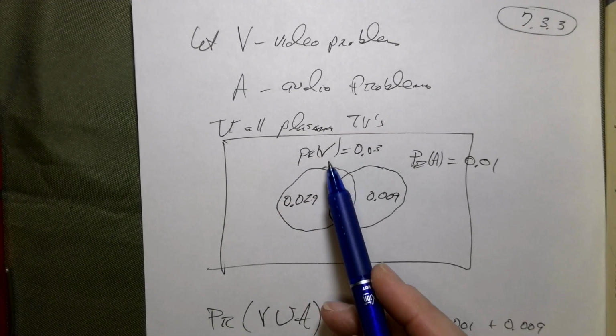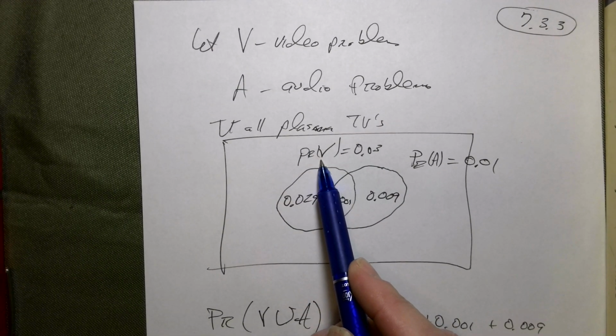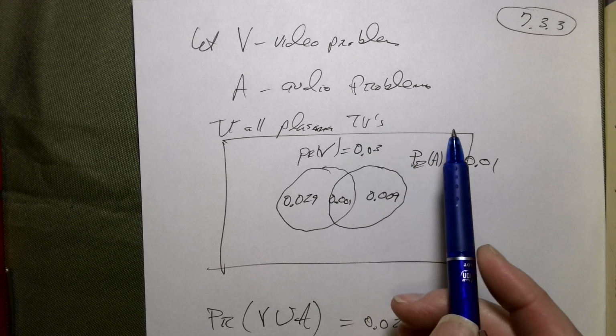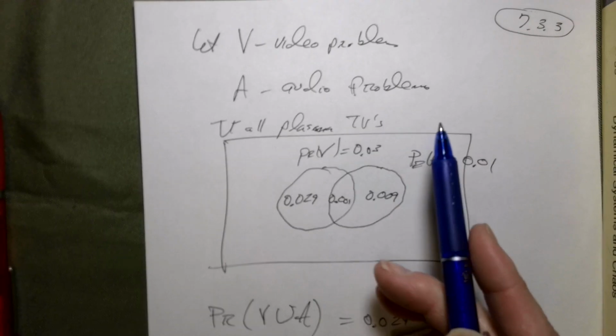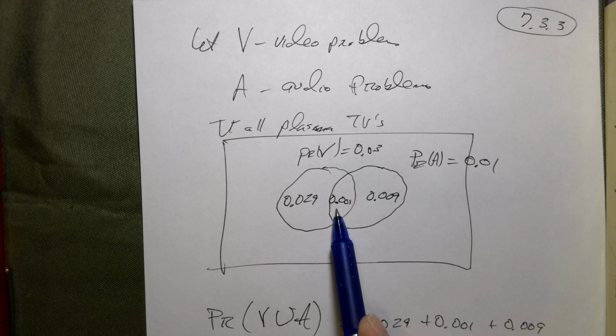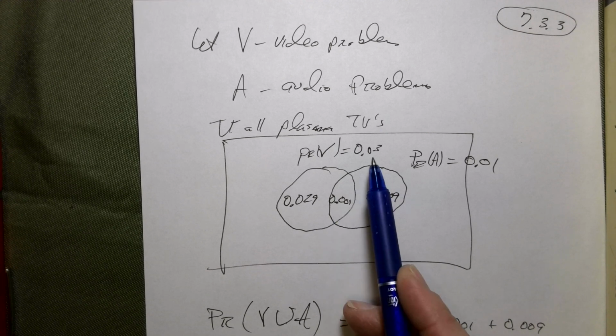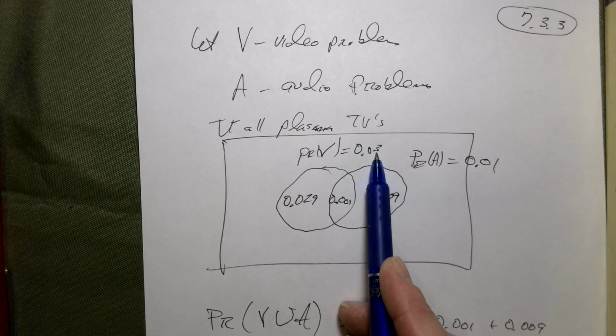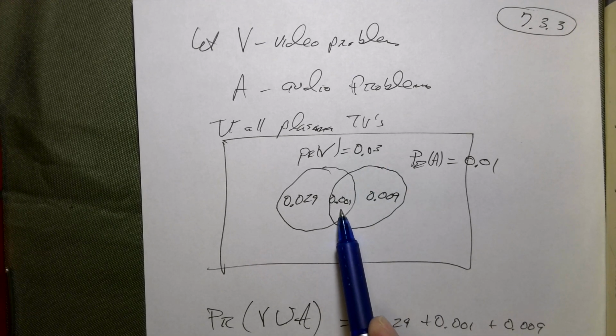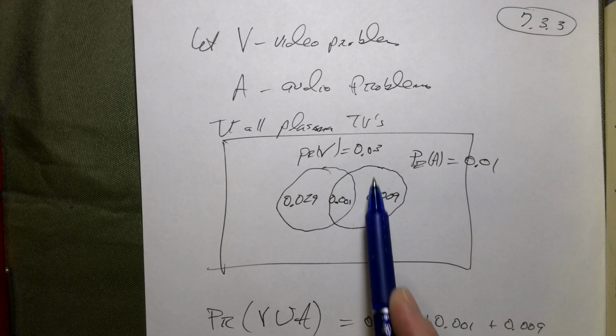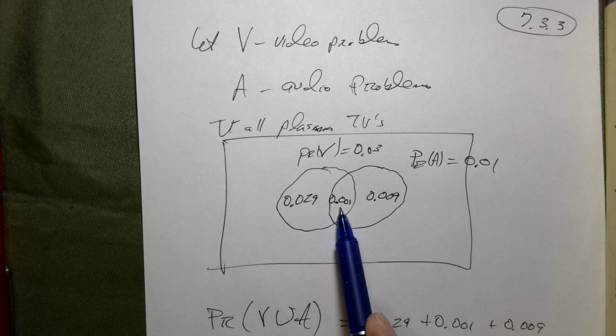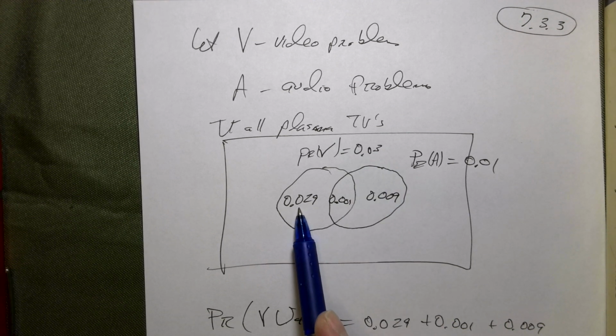V is the set that has problems with the video. A has problems with audio. And there are some that have problems with both. Correct? So now be careful. 3% and 0.1%. So you have to take the overlap and subtract it from the 3% and get what?